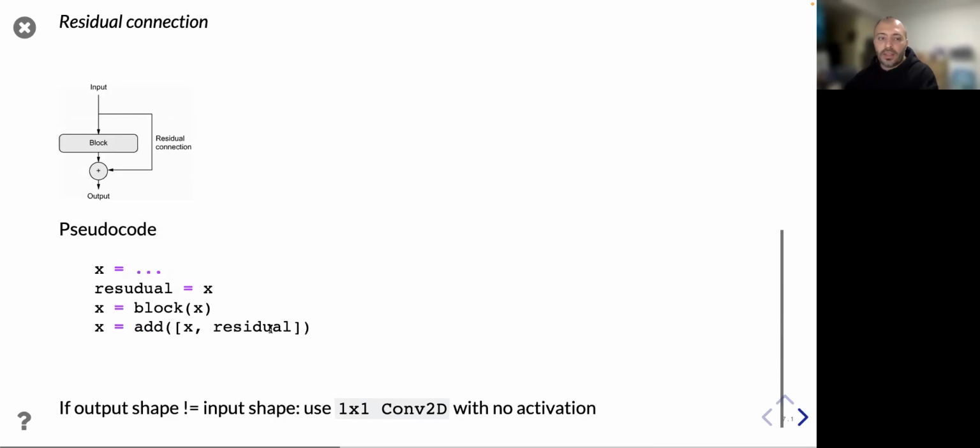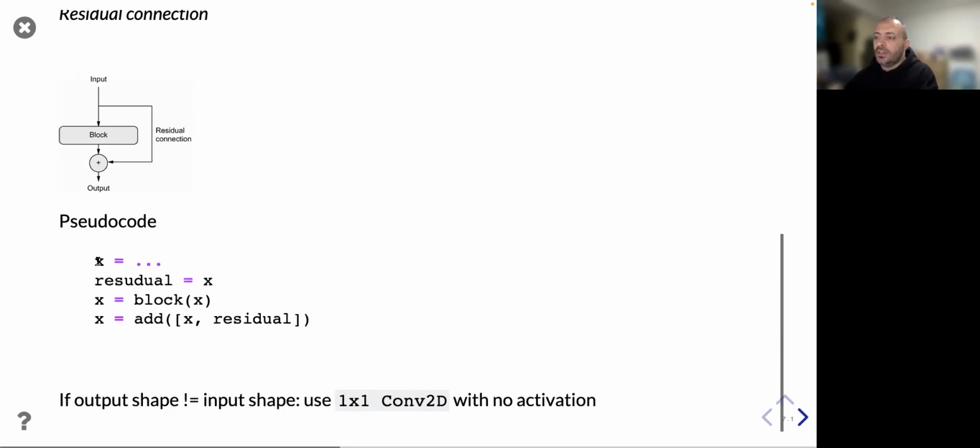What this would look like in pseudocode is that we have some input, whatever it is from the previous block, for example, and then we assign it to a tensor residual. We pass this input through the block as we would do before, but we don't return this x, we return this x plus the residual, as you can see here. So again, the implementation is very simple.